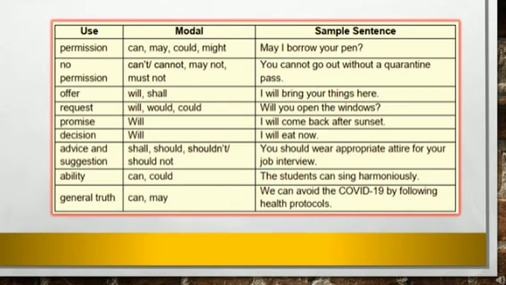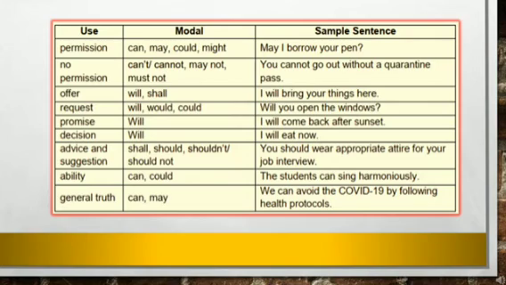We have ability, can or could. So "The students can sing harmoniously." Next, general truth, can and may. "We can avoid COVID-19 by following health protocols."